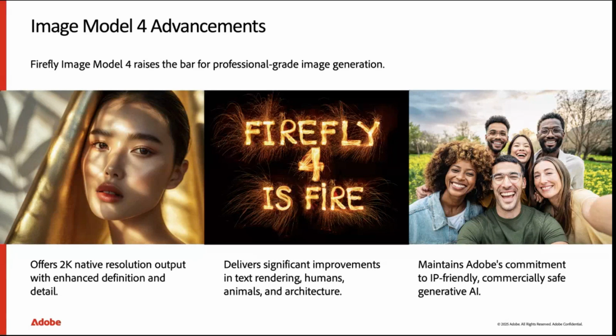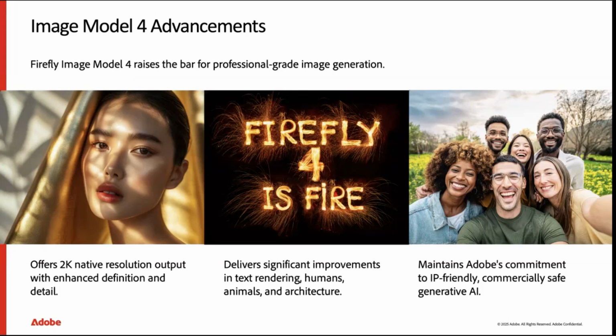Now at the launch, when Firefly came in 2.5 years ago, we had Image Model 1, and now we have come to Image Model 4 2.5 years later. And this is where we've taken a lot of feedback from customers. We've tried to integrate different models also here to get the best out of the images that you generate through Firefly, right? So of course, the improvement in terms of native resolution would be 2K.